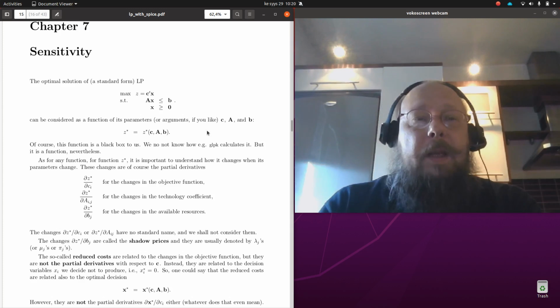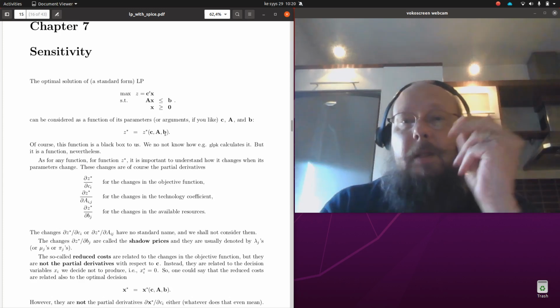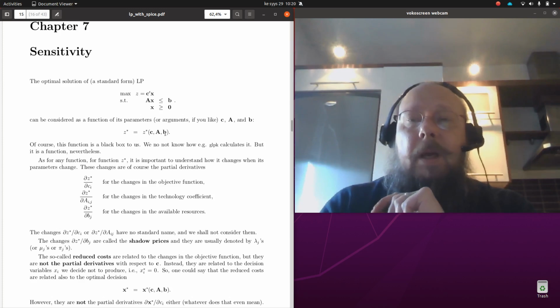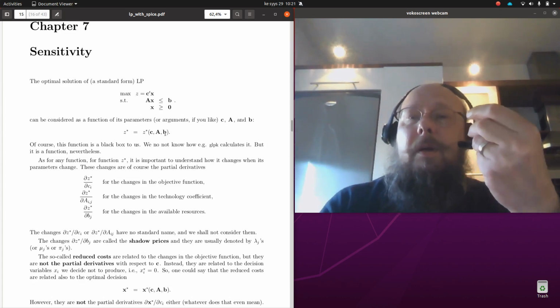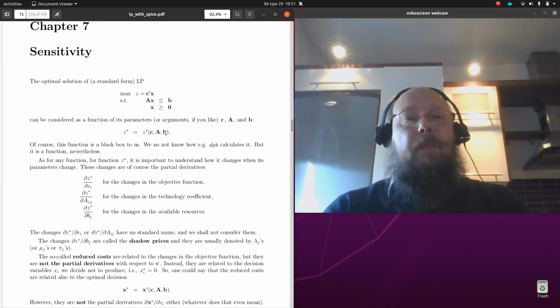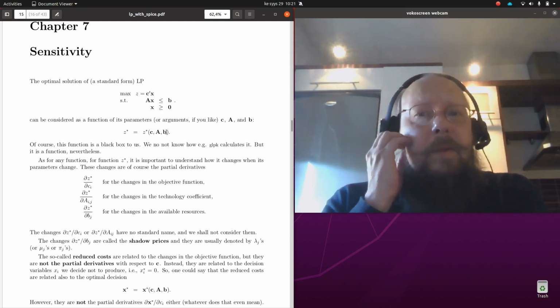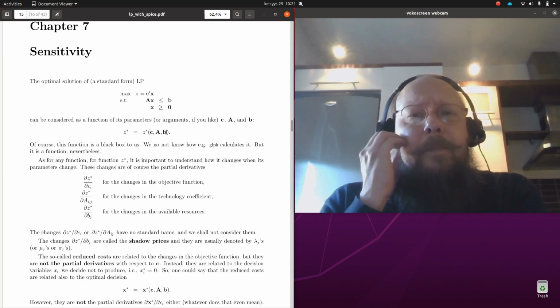As with any function, it's usually important to know what happens if these parameters change, and if they change a little bit. It's about how sensitive the solutions are to the parameters of the problem. There are many reasons for this. The most obvious reason is that these parameters are quite often just estimated from somewhere, so there could be uncertainty of the actual values.